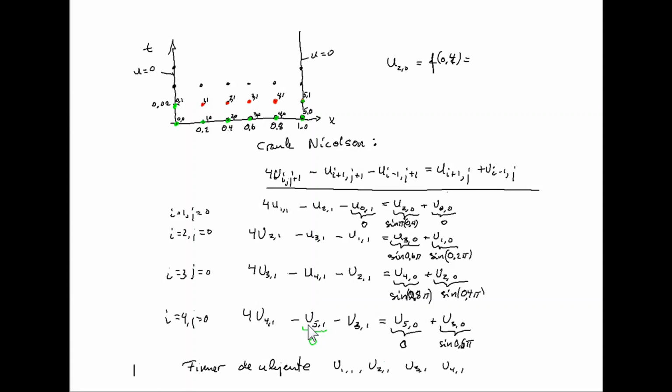It's not an unknown, but a boundary point. u51 is equal to 0 because it's the value here. The other two we don't know. u50 is the boundary point here, so it's equal to 0 also. And this value here is sine of 0.6 pi, so it's u30, it's sine of 0.6 pi.